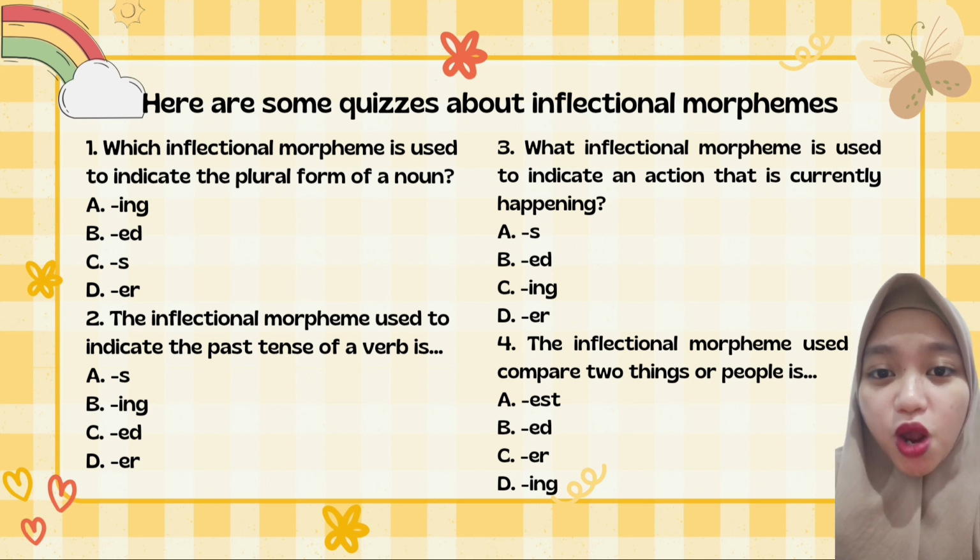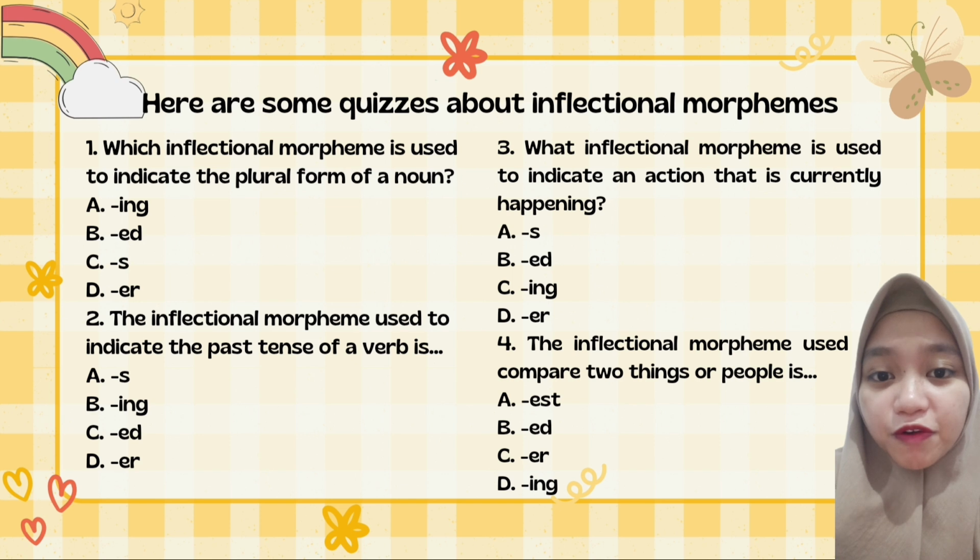Number 3. What inflectional morpheme is used to indicate an action that is currently happening? A. As, B. At, C. In, D. Or. Number 4.